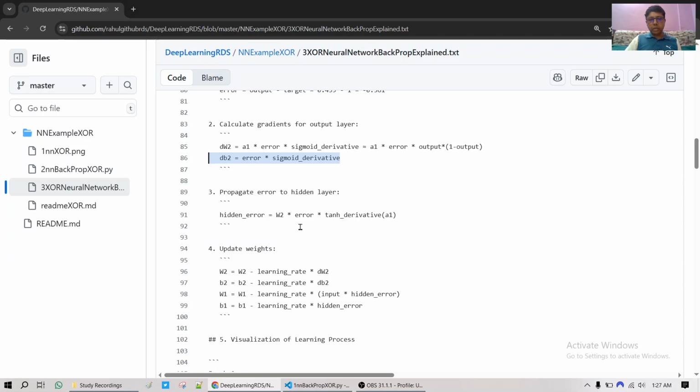Then propagate it to the hidden layer error. Once we get W2, the weightage of the output layer into the error and tanh derivative with A1. Right?